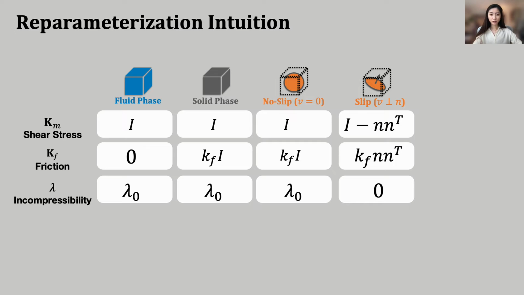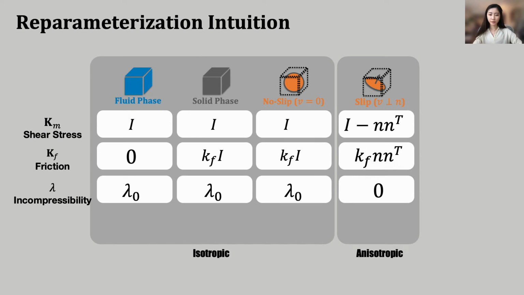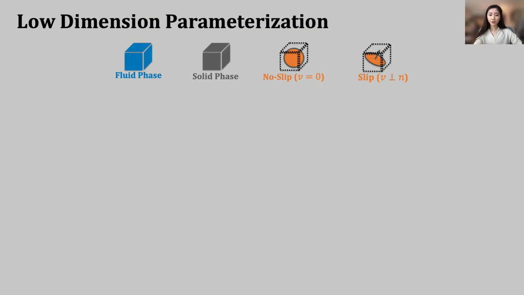If we take a closer look at the parameter table, we see that besides the slip boundary material, the parameters for other materials are isotropic, and within the slip boundary material, the variations in the material come from the direction of the material. And within the isotropic materials, the variations in the material mainly come from the weight of the frictional energy term. We therefore reparameterize the material model with these three axes of properties.